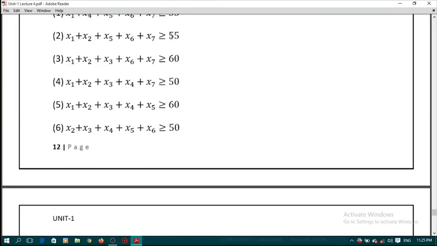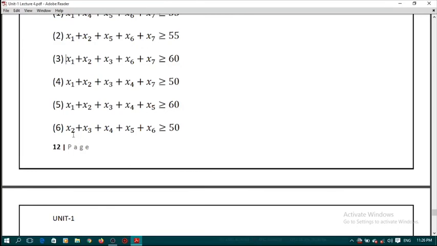The minimum doctors required on Monday is 55. Same for the third one. This is for Tuesday: x1 plus x2 plus x3 plus x6 plus x7, greater than or equal to 60. Then x1 plus x2 plus x3 plus x4 plus x7, greater than or equal to 50. This is for Wednesday. Then x1 plus x2 plus x3 plus x4 plus x5, greater than or equal to 60.